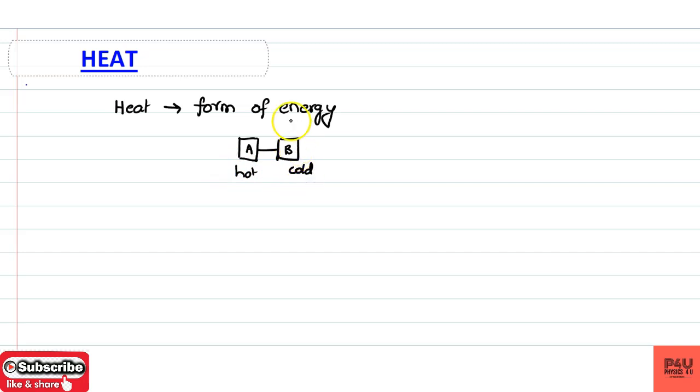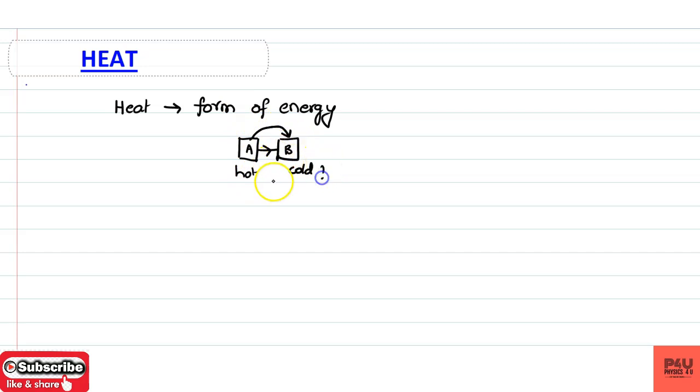So heat transfer will take place always from hot body to cold body. So that is known as heat. Heat is a form of energy which will transfer from hot body to cold body always.